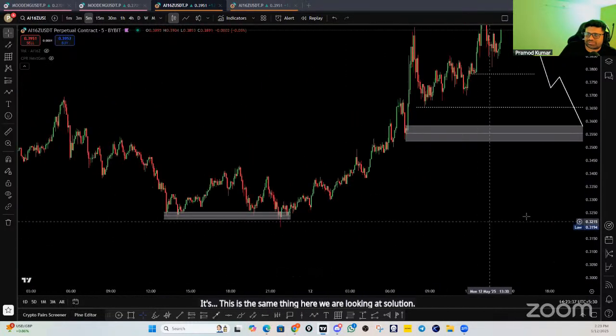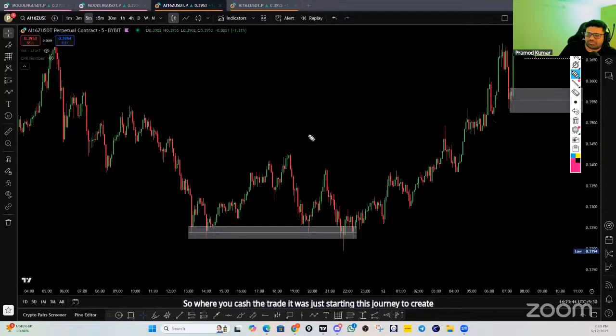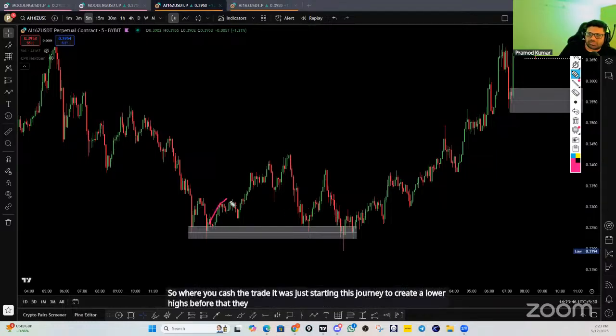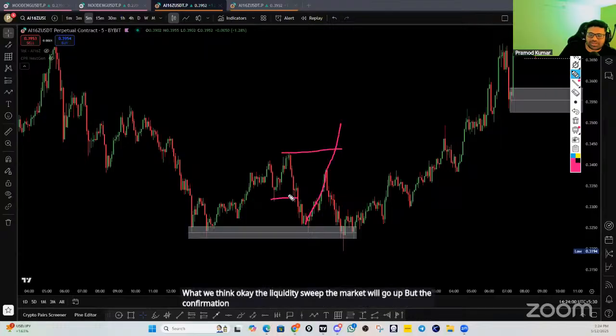Where you caught the trade, it was just starting this journey to create lower highs. Before that, the market was clearly moving up. But when they came, it didn't move up, sir. So now we think, okay, the liquidity sweep, the market will go up. But the confirmation is to close a candle above this.